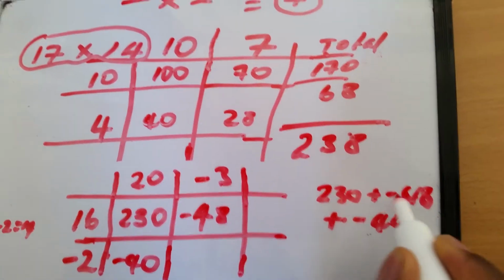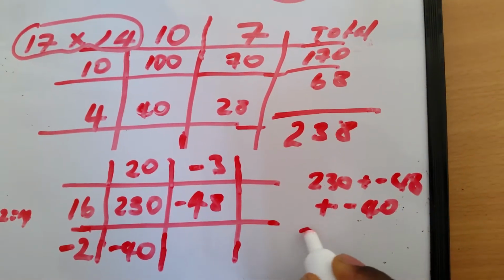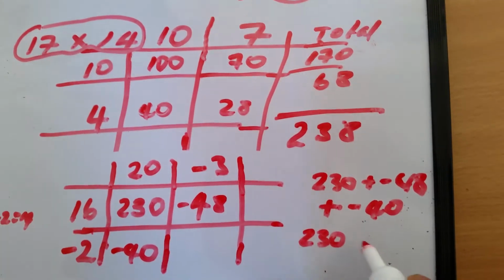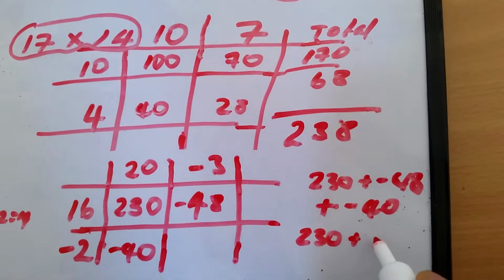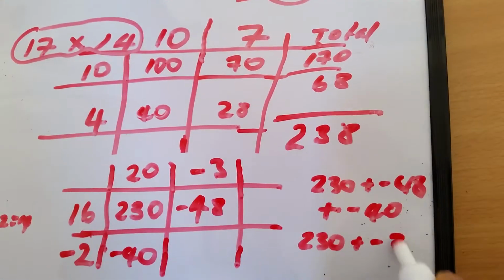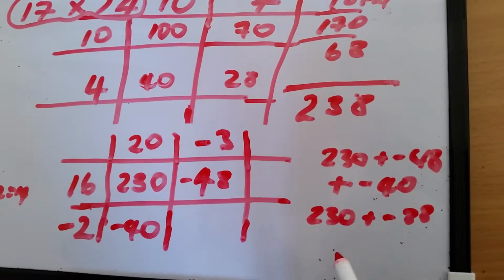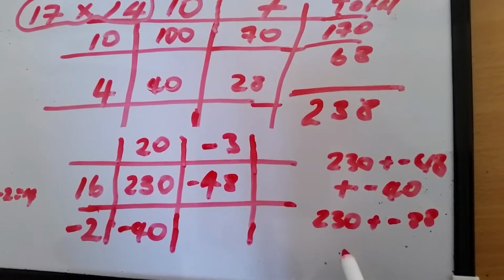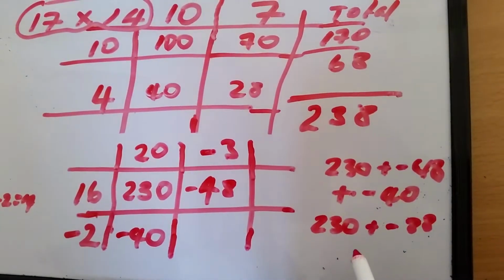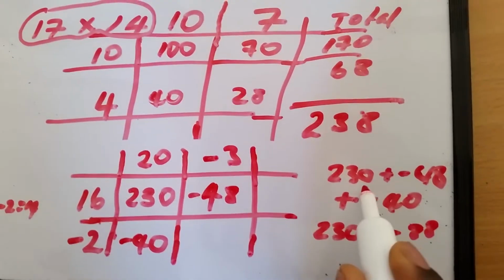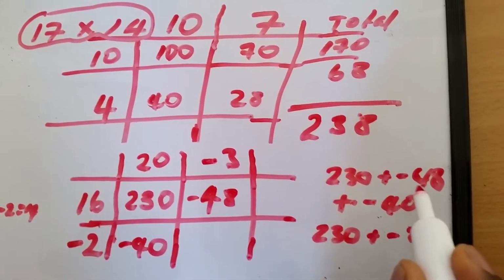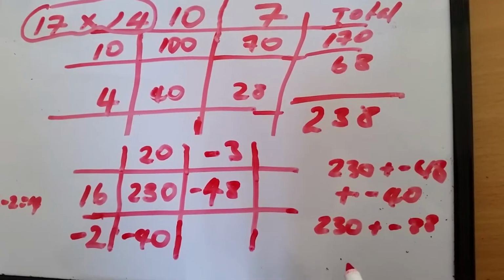So if we add the two negative numbers together, we get 230 plus minus 88. Now minus 88, is that right? 230 minus 40 minus 88.